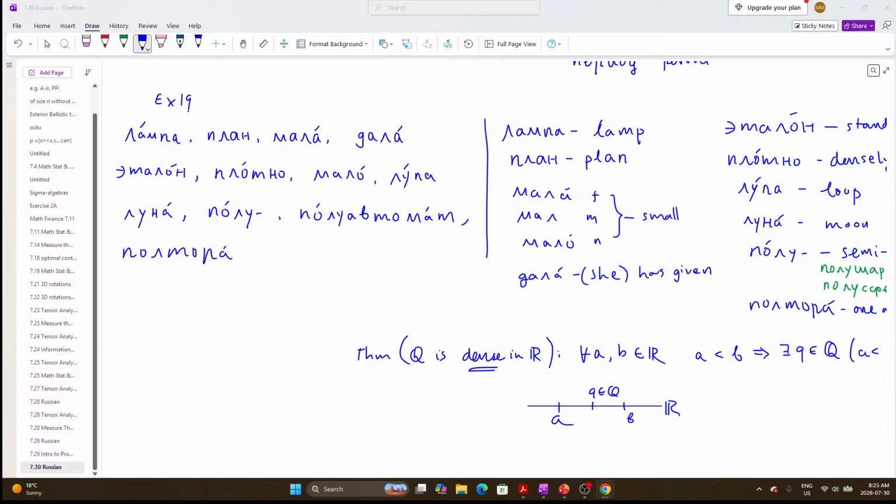Polo aftermath. The semi-automatic. Okay. Is it so? It's an adverb. I saw polo aftermath is supposed to be like a noun, right?